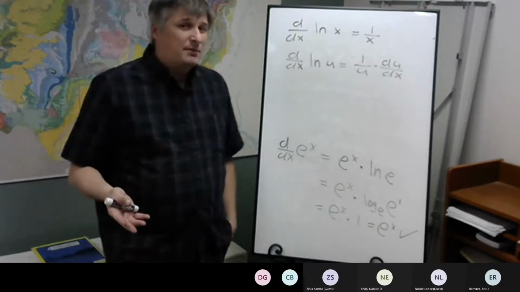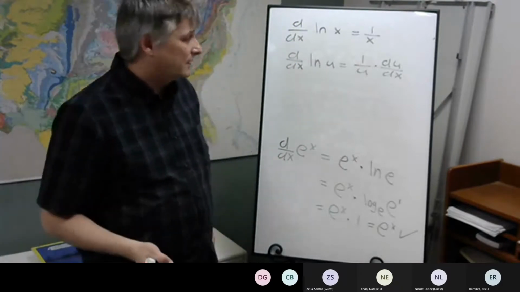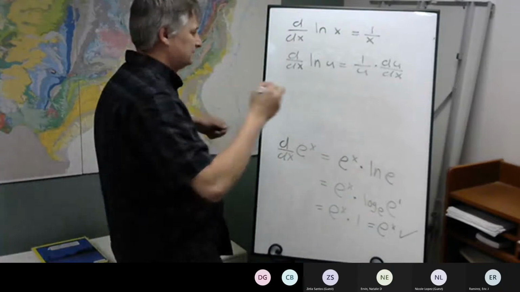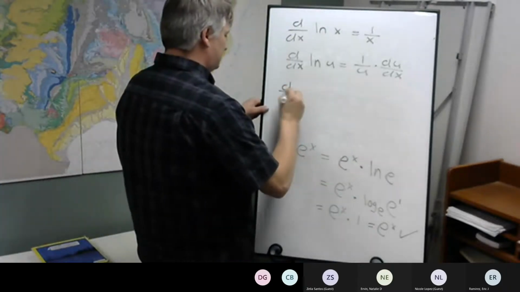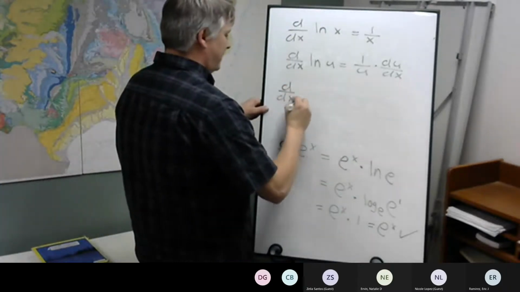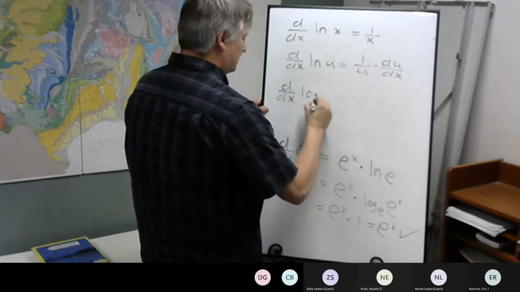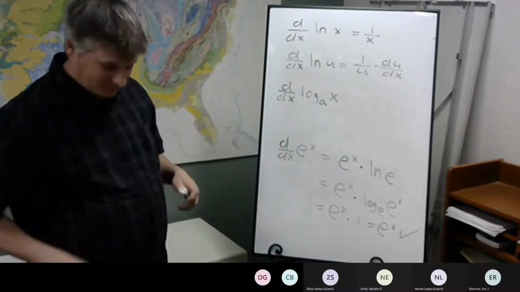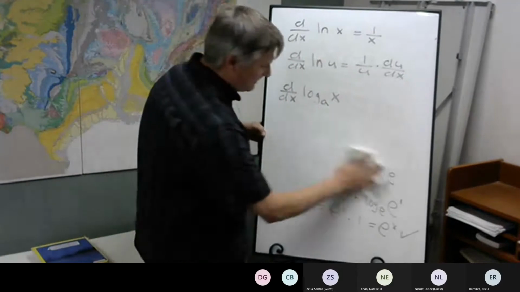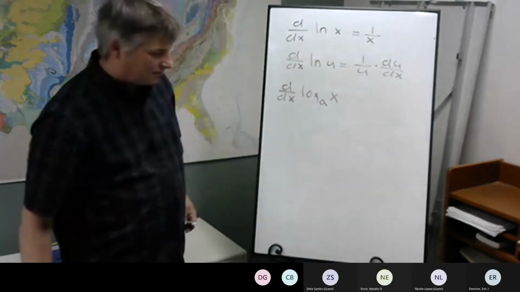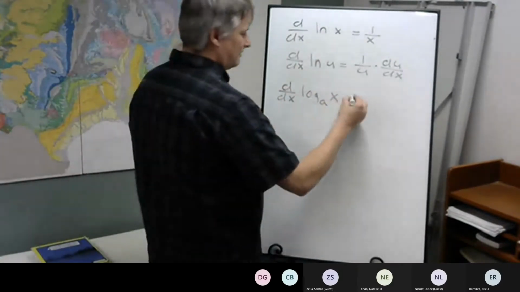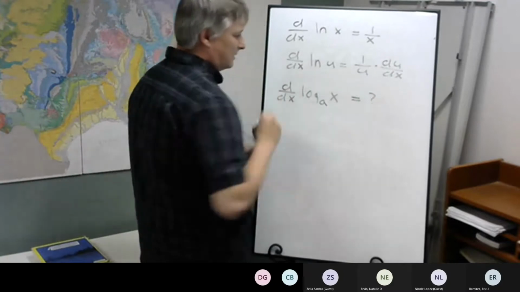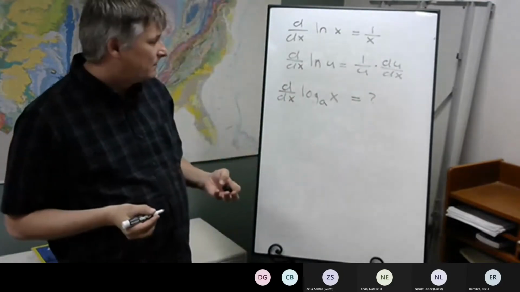So what if we want something a little more generic? Like, let's say, for example, the derivative with respect to x of the log base a of x. So let's say we want to figure this out.